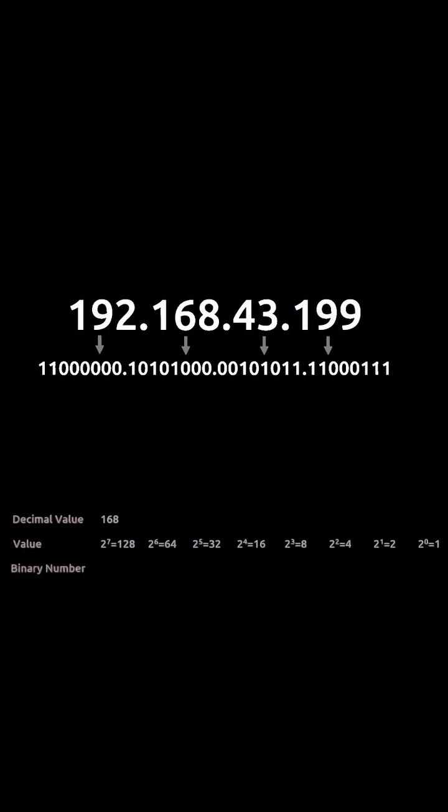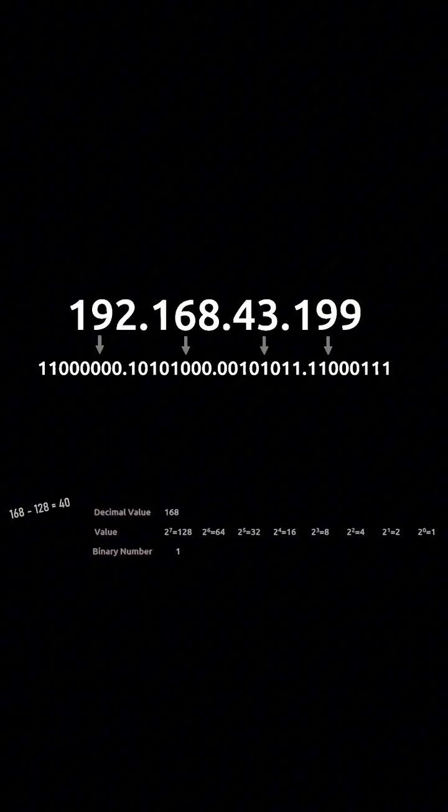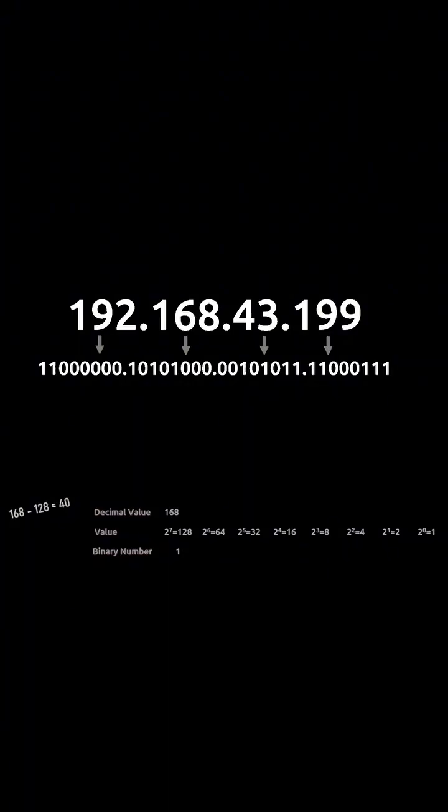To convert the IP address from decimal to binary, we can take the decimal value of the octet and then start from the highest valued bit and ask ourselves, can we subtract 128 from 168? Yes, we can. So write 1 for the corresponding bit and then move to the next with the remaining decimal value. In this case, it is 168 minus 128, which gives us 40. Ask the same question again. We cannot subtract 64 from 40, so we will write 0 for that bit and move to the next one.